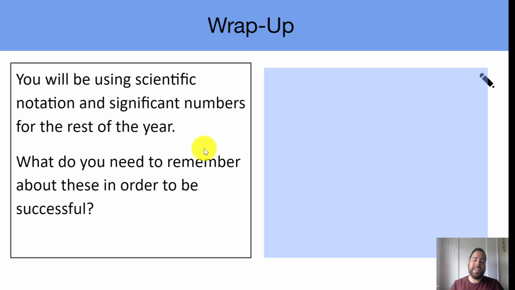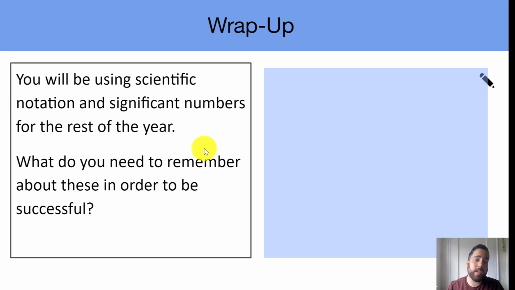Okay, so we made it. In conclusion, scientific notation and significant figures are concepts that we will be using for the rest of the school year. So it's really important to make sure that you are understanding them now. This is that foundational unit that will set us up for success for the rest of the school year.